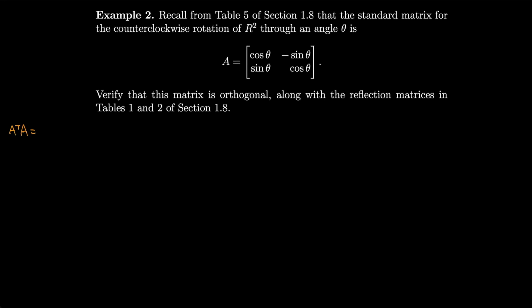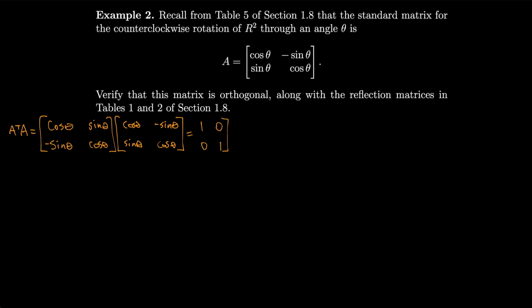That's cosine minus sine for column 1, and sine cosine for column 2, multiplied by cosine minus sine, sine cosine. And we in fact do get the identity because of the sine squared plus cosine squared equals 1 business. Everything will end up canceling.